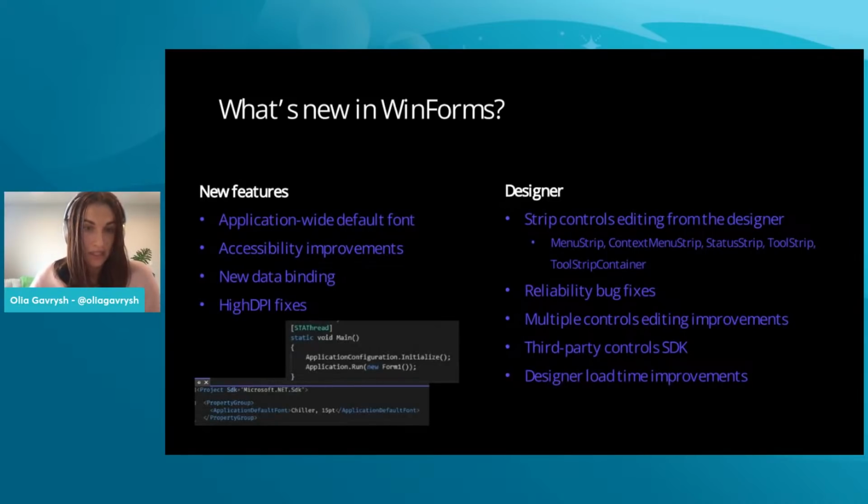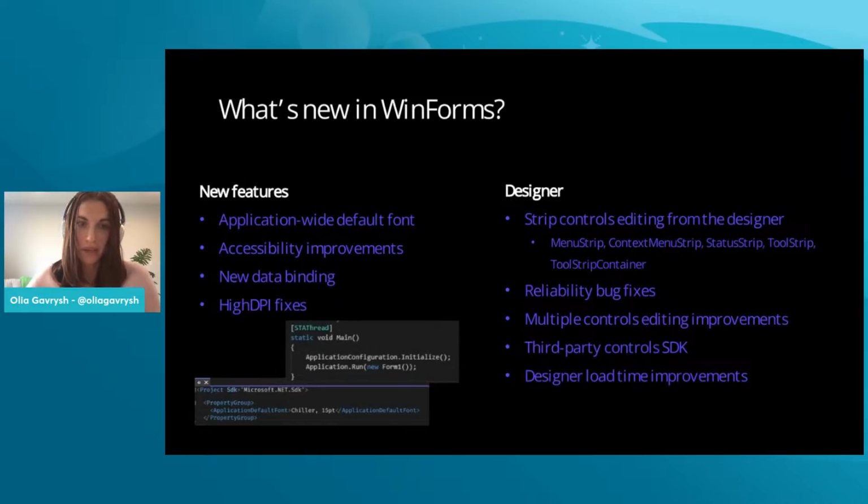We made some accessibility improvements, and I'll show you them later. We have new data binding scenarios, and on that topic we are still working and we're collecting the feedback. So if you're developing your applications with data, if you have some preferences how you want data binding to be done in WinForms, please do reach out.